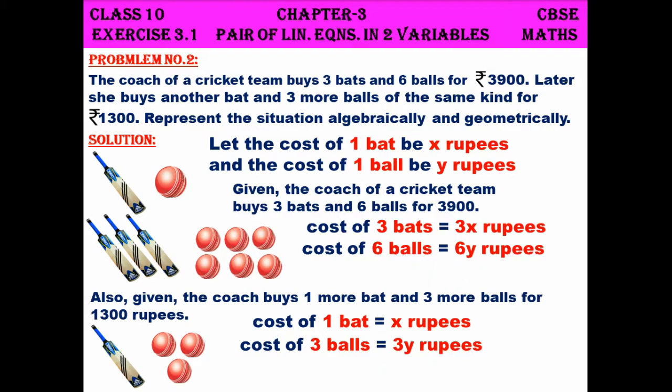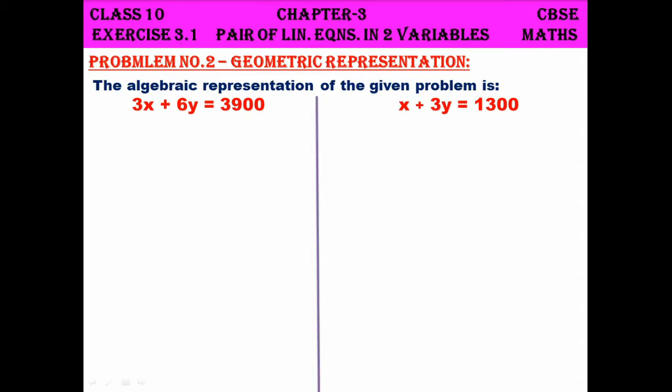Now I am going to represent it geometrically. In order to represent it geometrically, I am going to consider these two equations and draw their graphs. Okay, now let's consider the geometric representation. So as usual, let me consider the first equation and find the coordinate points. First let me substitute x equals 0 so that I get 6y equals 3,900.